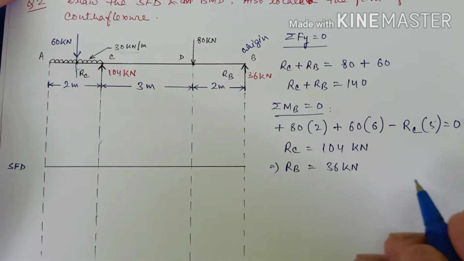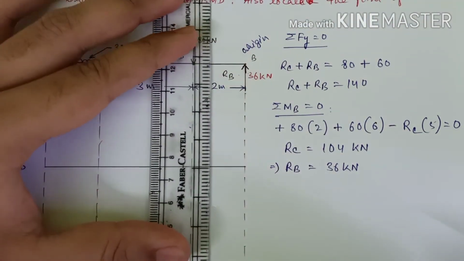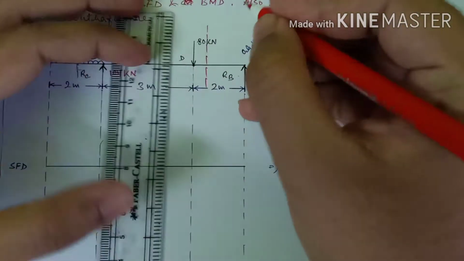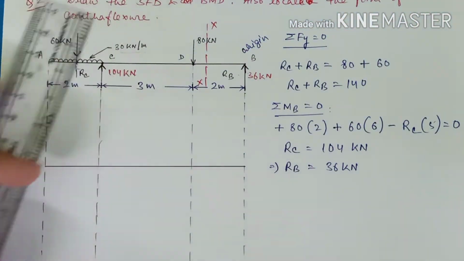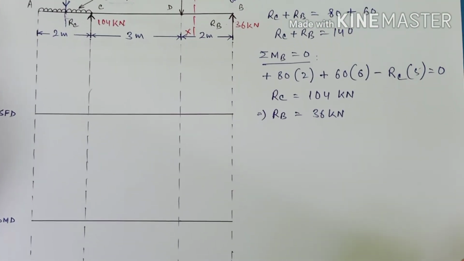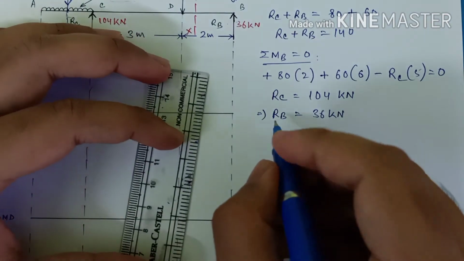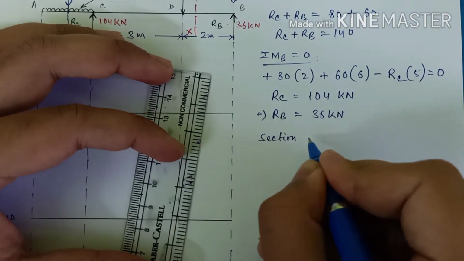Okay, fine. So first the section is DB. So I'll cut the section from here, say, so let it be my XX section. Now, just draw the section over here. So I'll write section DB.